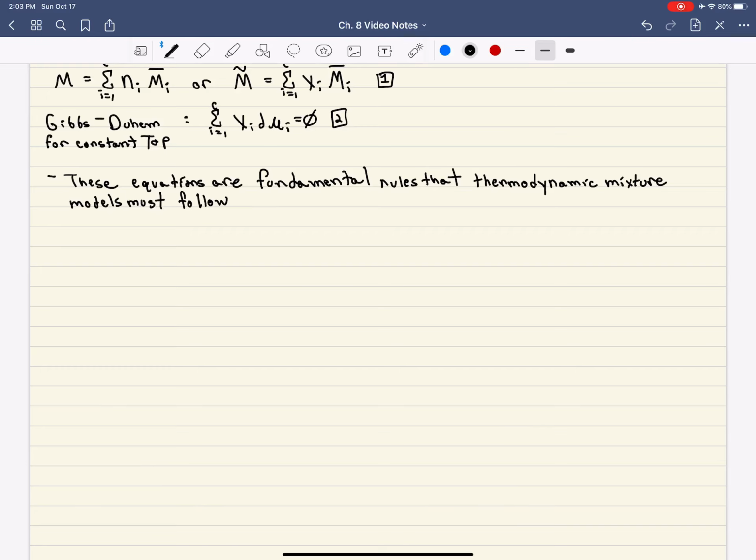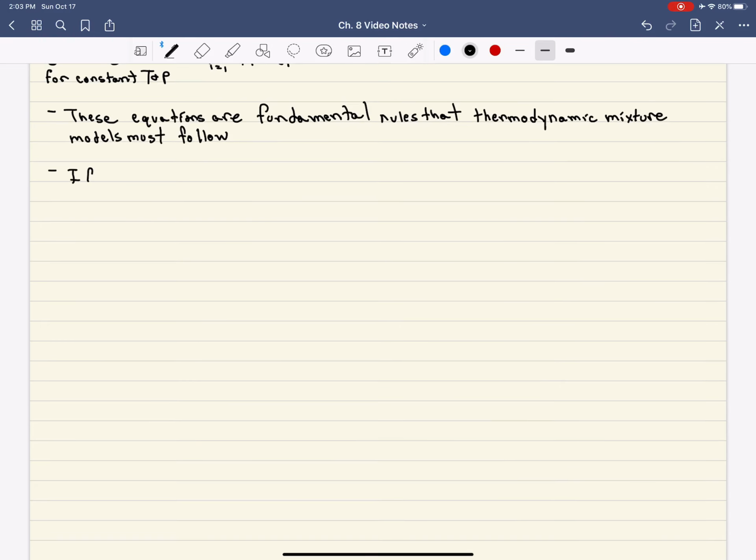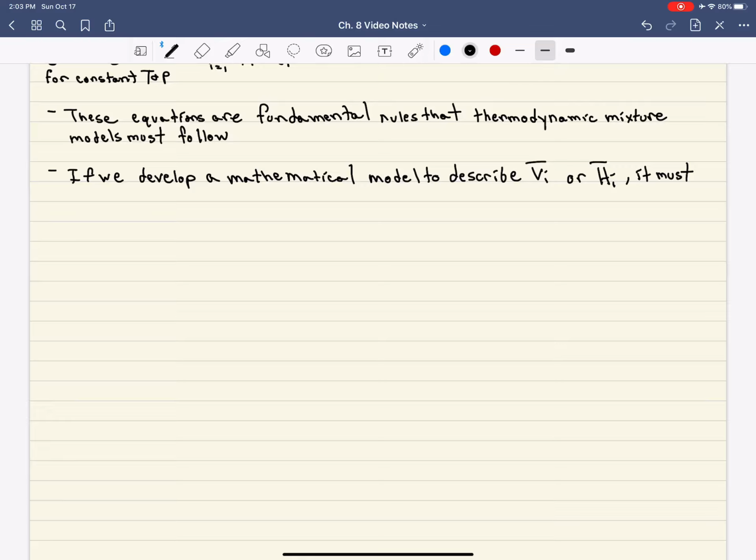What I mean by that is, let's say we develop a mathematical model to describe the partial molar volume or partial molar enthalpy of a species, it must follow equation 1 to be what we call thermodynamically consistent.